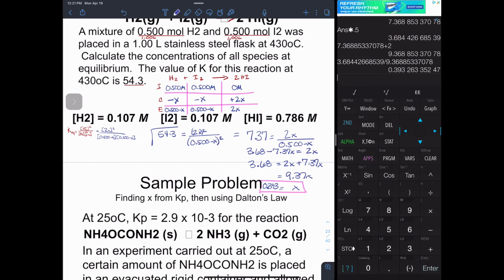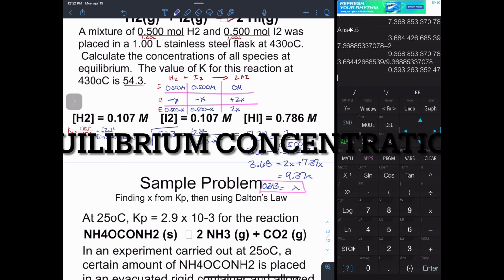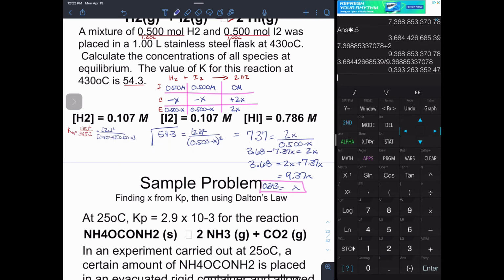So we've done a little work to find the value for x, but what were we trying to solve for? So we're going to need to do a little bit more solving and plugging things in.